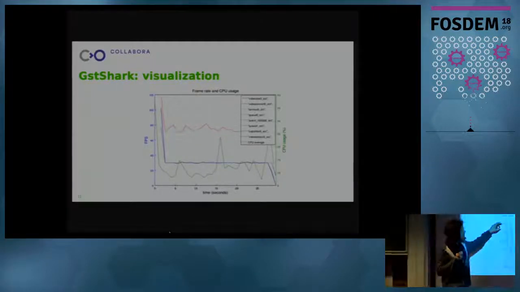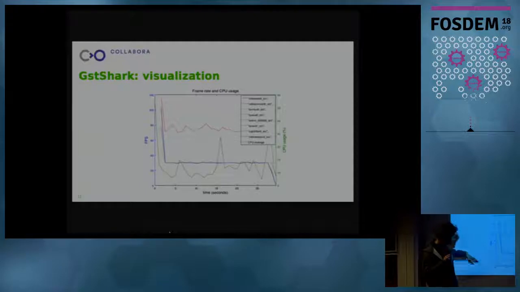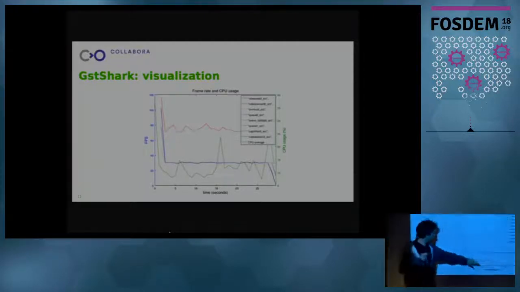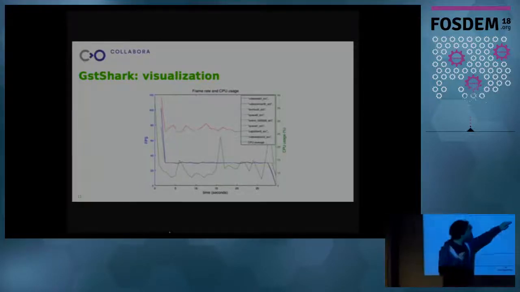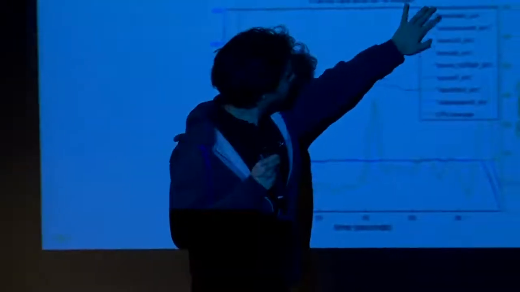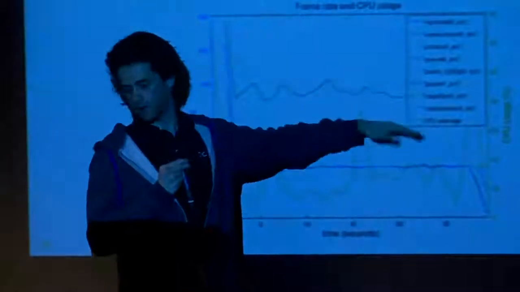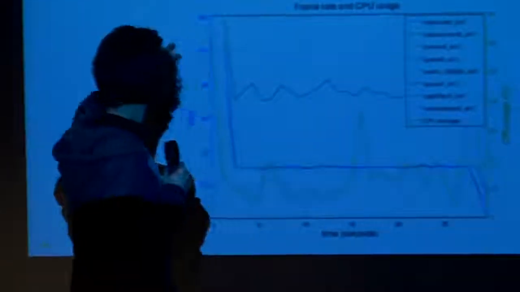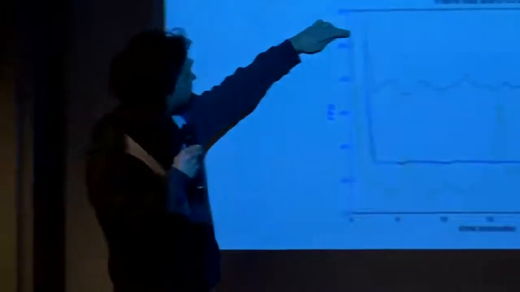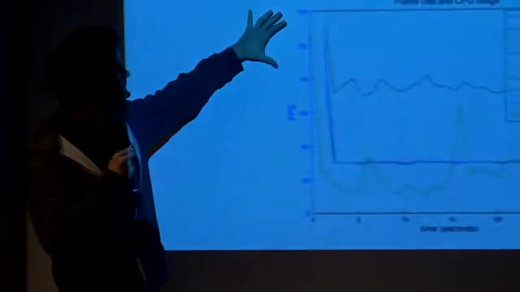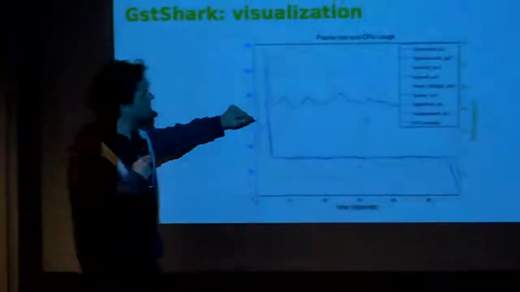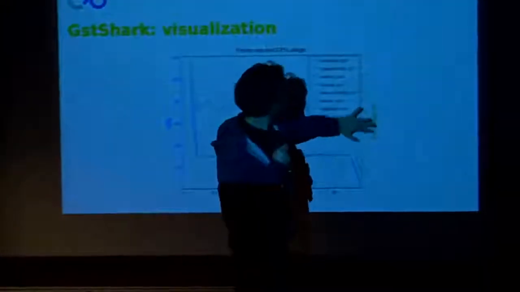So you can see things like, here we have the time, in seconds. Here we have all the elements. So the source, the encoder, the decoder, these kinds of things. And here on the left, it will tell you at which rate each element is operating. And here you have the CPU load.